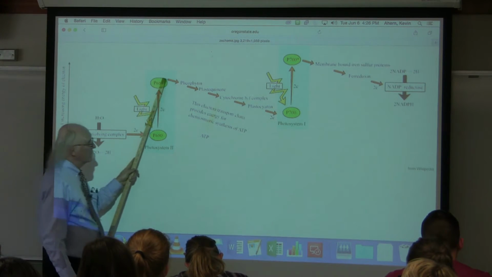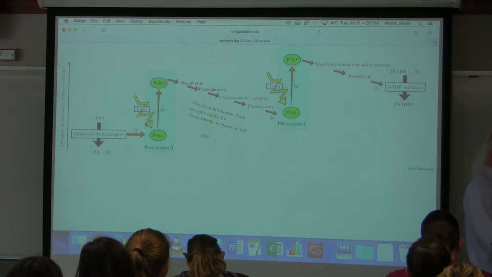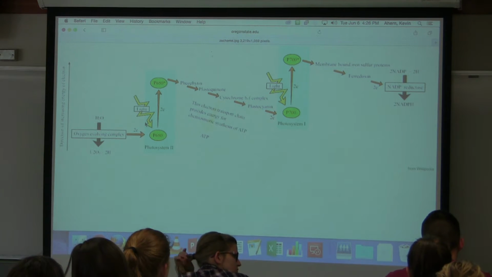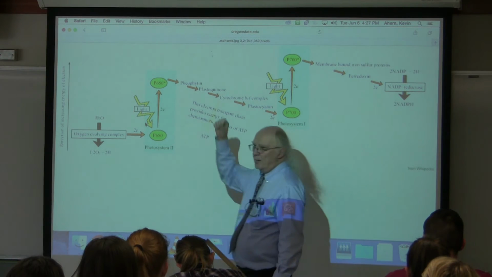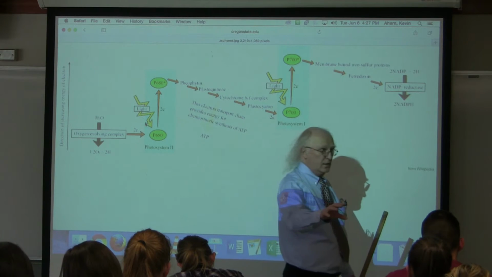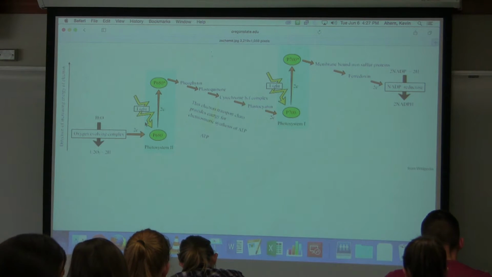The proton pumping that happens in mitochondria pumps the protons out of the mitochondrion into the intermembrane space, right? In the thylakoids, protons are being pumped into the thylakoid space. They're taking it from the stroma and pumping it into the thylakoid space.